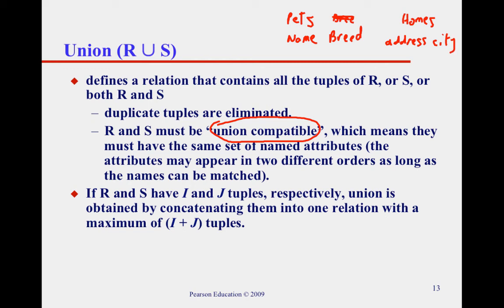I mean, there's no commonality. So we say that R and S have to have the same set of named attributes.